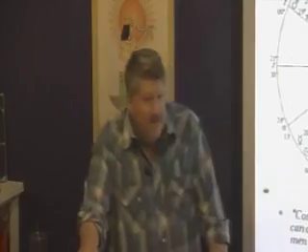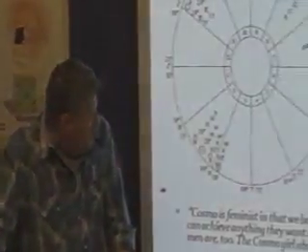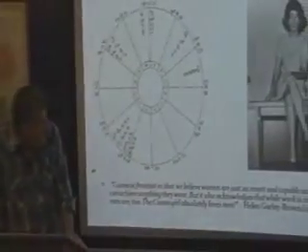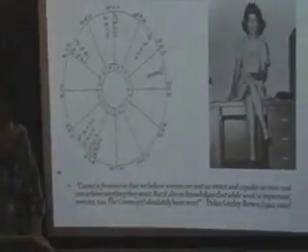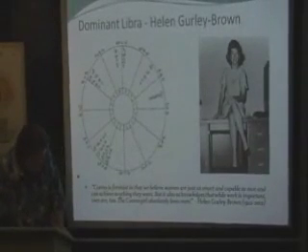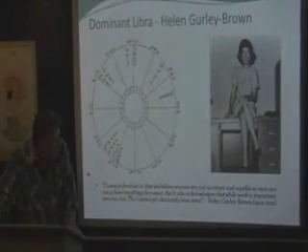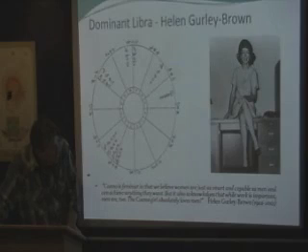All right, here's a Libra, Helen Gurley Brown. Cosmo is feminist in that we believe women are just as smart and capable as men and can achieve anything they want. But it also acknowledges that while work is important, men are too.